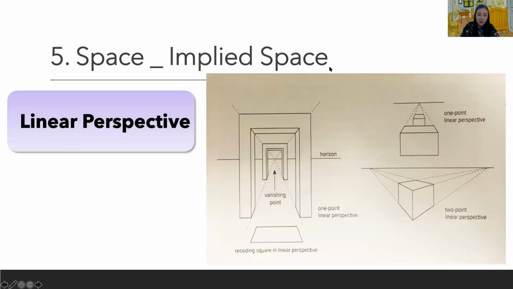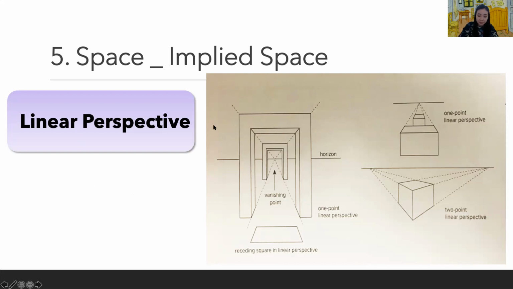And the fifth visual element is space. Sculpture, architecture, and all other forms with mass exist in three-dimensional space. That is the actual space in which our bodies also stand. So these works of art take their character from the ways in which they carve out volumes of space within and around them.